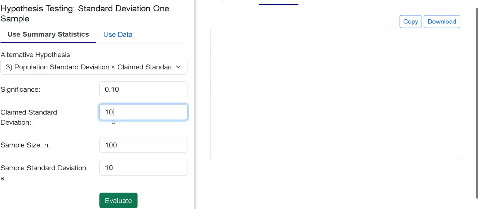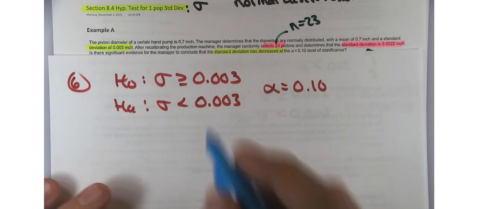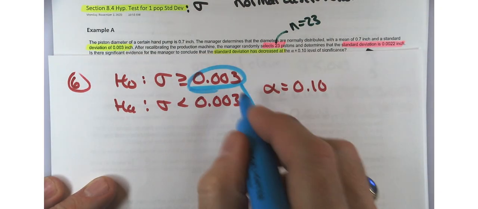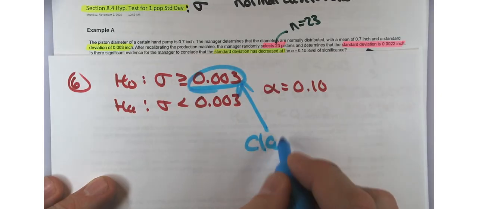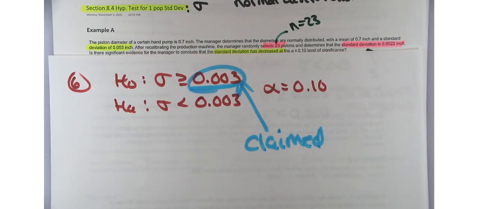Thanks, Angie. And Liv, what's the claimed standard deviation in this particular problem? The 0.003. Yeah, so that's our claimed standard deviation. You're always going to find that number in your null hypothesis.